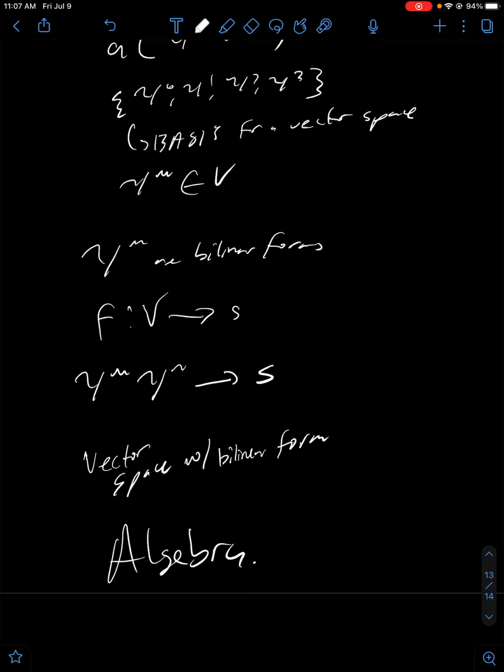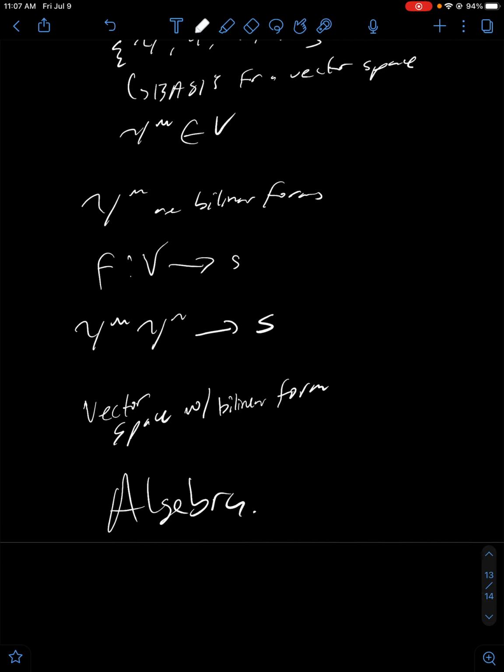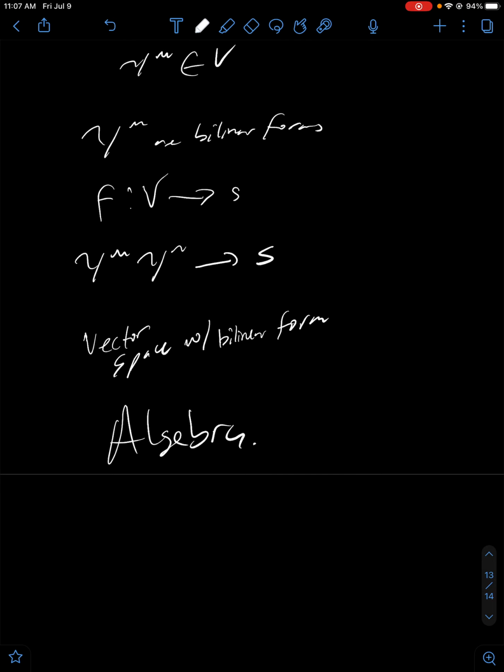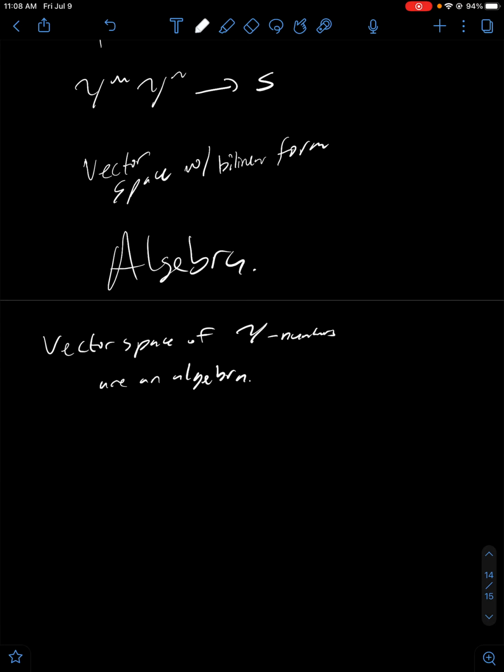And since these gamma numbers constitute a vector space that has a bilinear form defined on it, the vector space of these gamma numbers is an algebra. And the specific name for this algebra is, drumroll, the Spacetime Algebra.